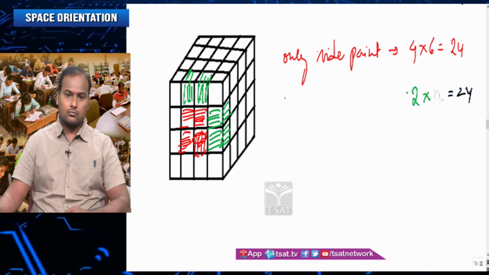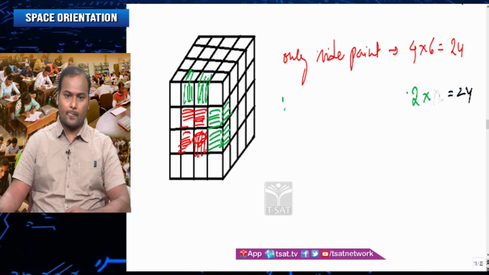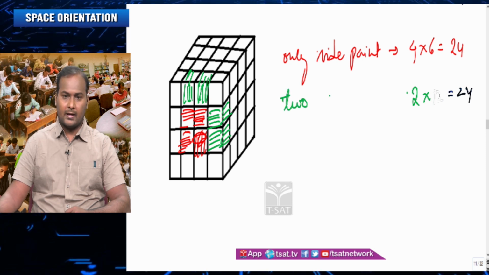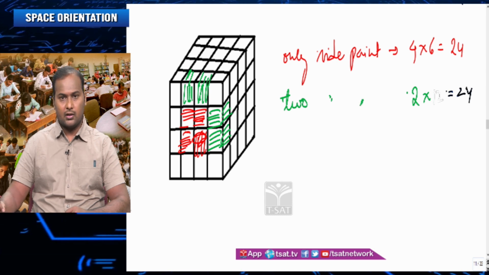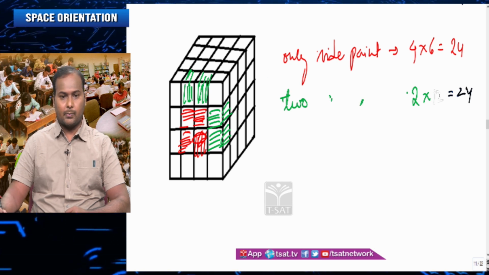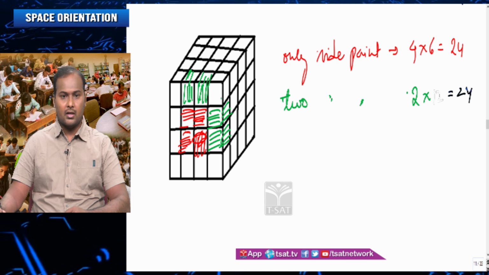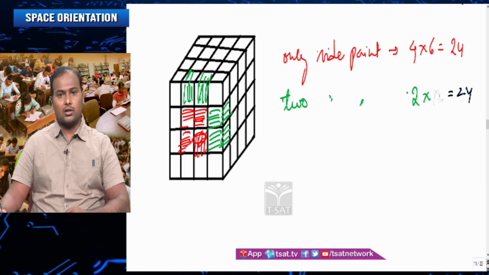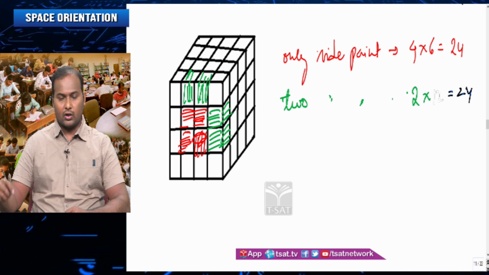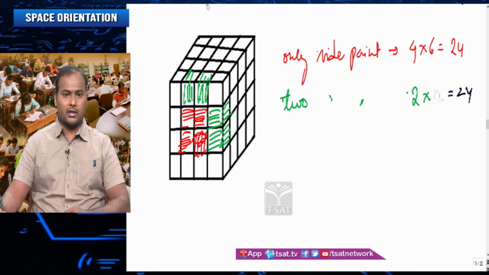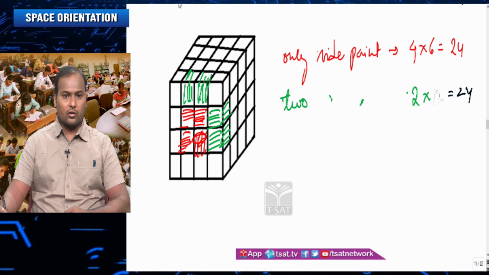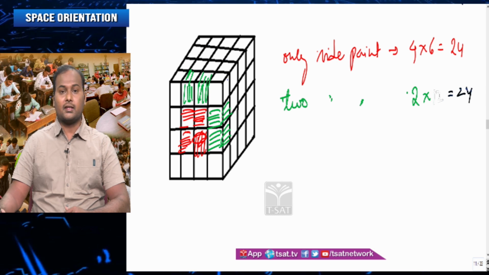So two side paint is 24, because two side paint is possible only on the edges.